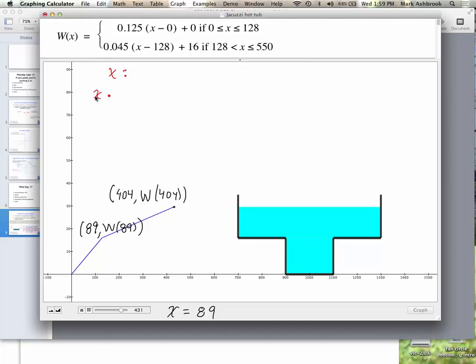What is the meaning of x minus 128? What's the meaning of 0.045? And then the whole thing.